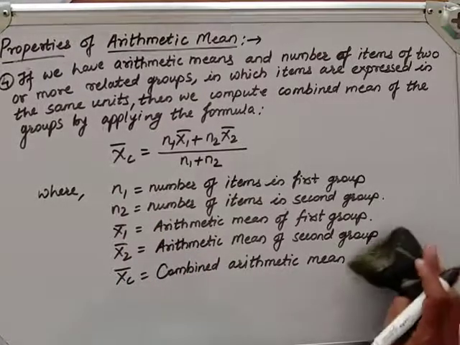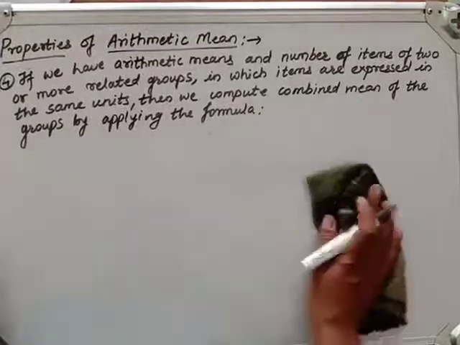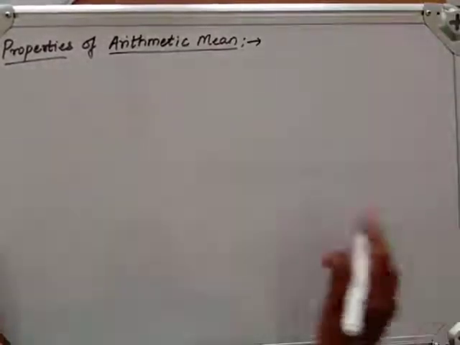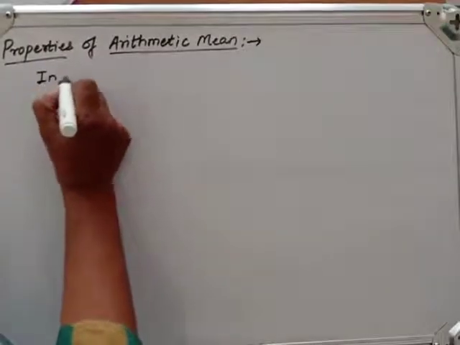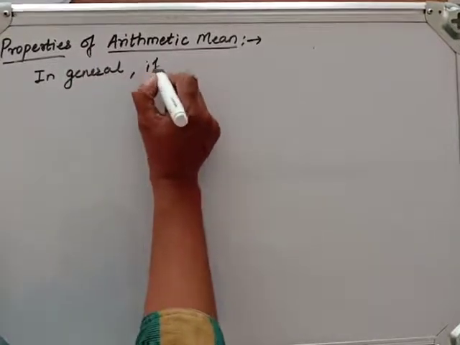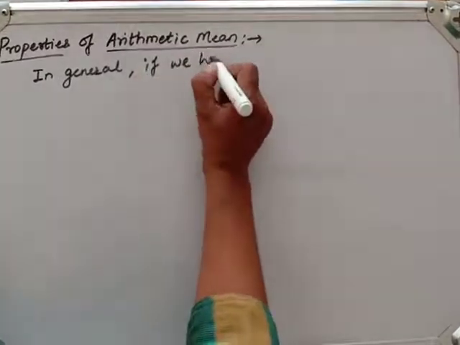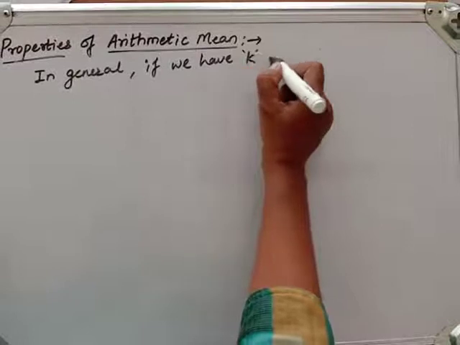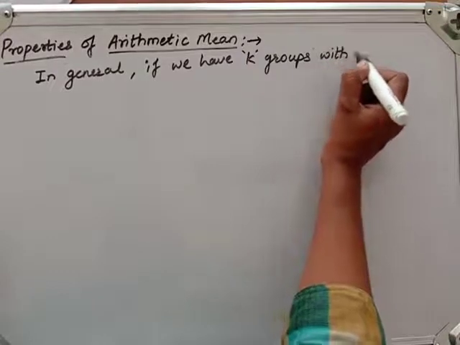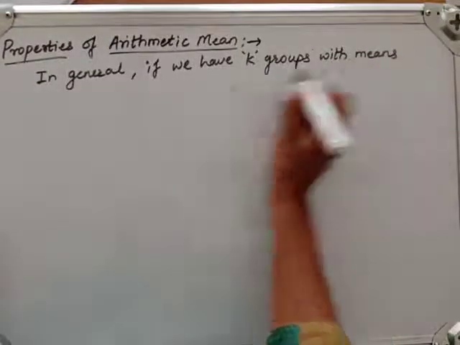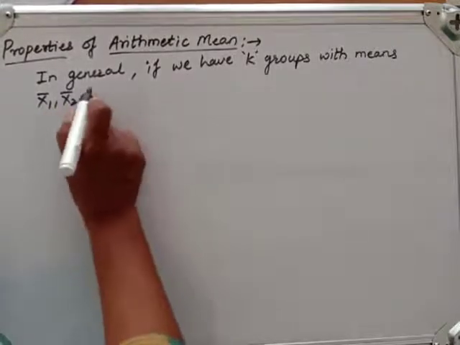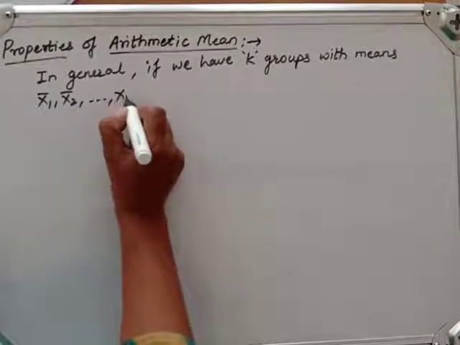Now in general, the same property let me write in general. Suppose we have k groups with means x1 bar, x2 bar and so on up to xk bar.